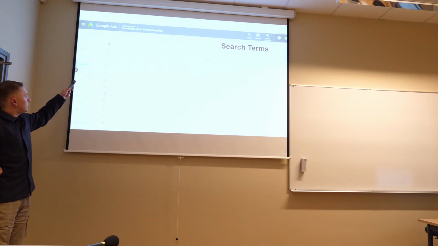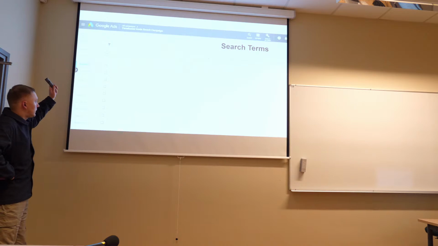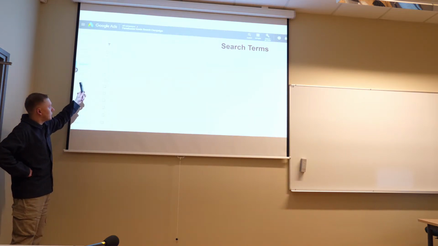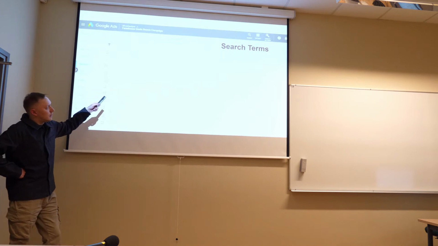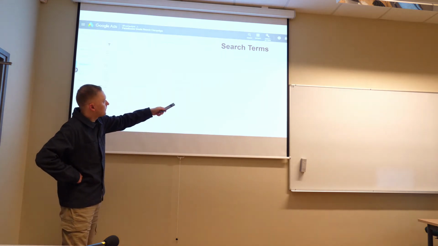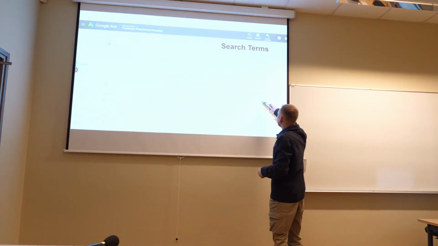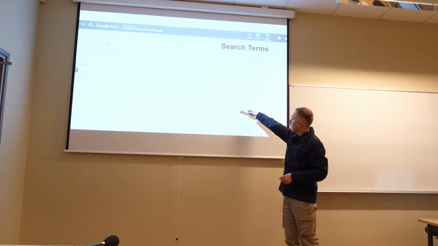So this is probably a search term report for the broad match keyword Farmhouse 6, and as you can see here, there are other keywords, and so you get ideas from them, and you also see what the click rates are.